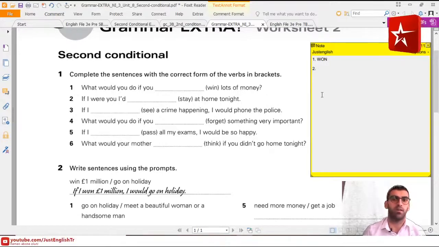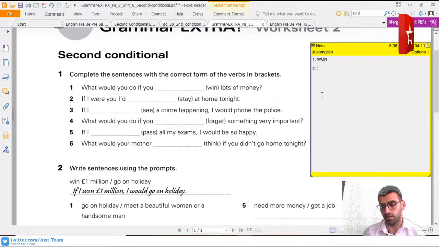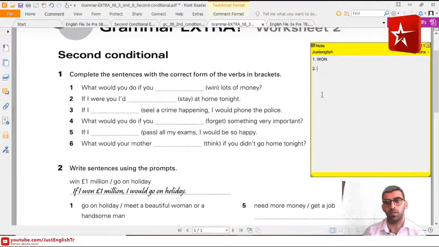For example, if I won lots of money, I would travel. And what about you? What would you do if you won lots of money? Number 1.